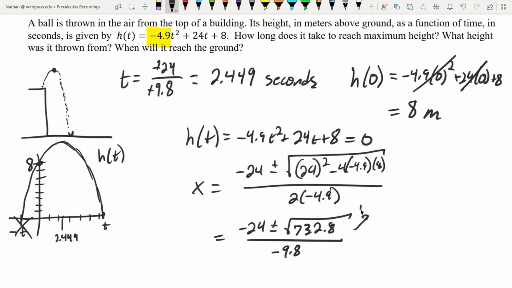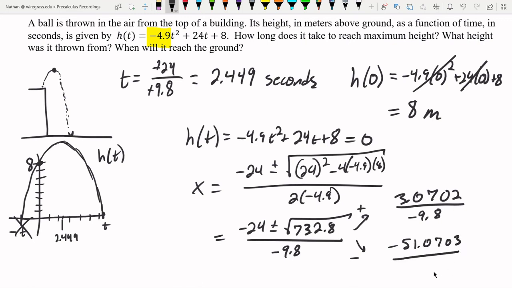Doing the plus version on top, we're going to get 3.0702 over negative 9.8. And doing the minus version on the bottom, we're going to get minus 51.0703, over negative 9.8.